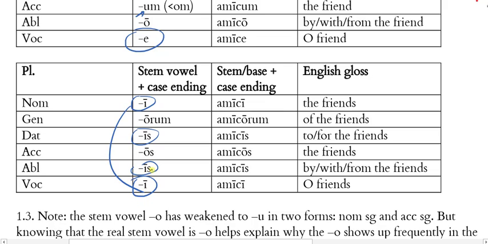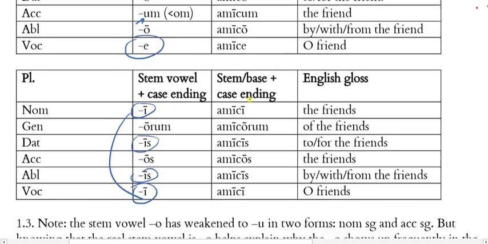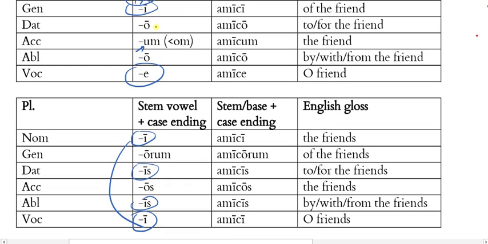But the reason I want to point out that the stem vowel is O is because it does make sense of these other forms, like the dative singular, ending with the long O, ablative singular, genitive orum, and accusative plural os. And in the exact same situation in the plural, we have first declension, where it's arum, right?